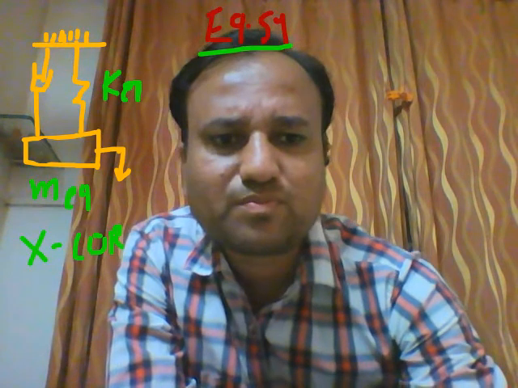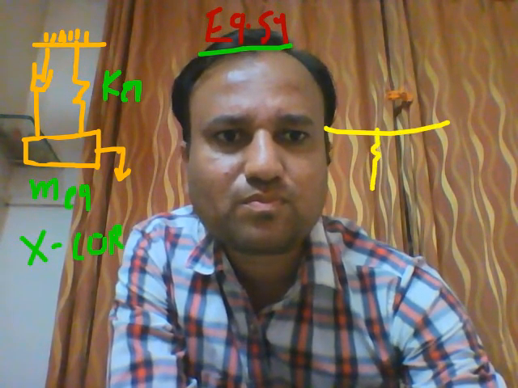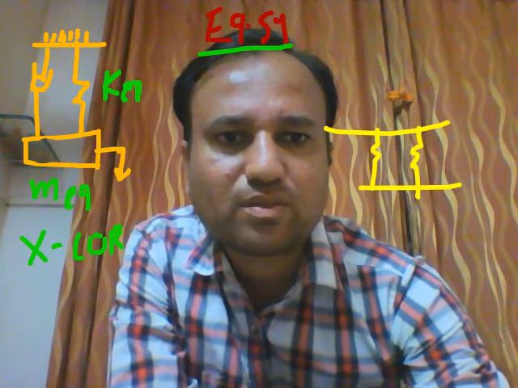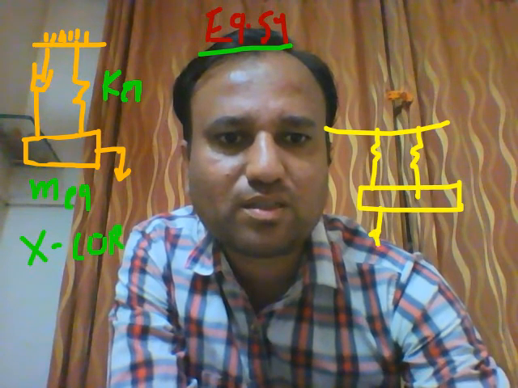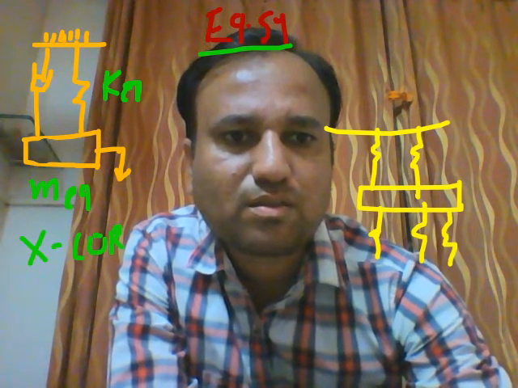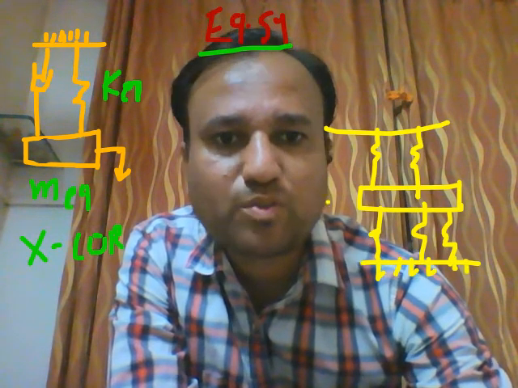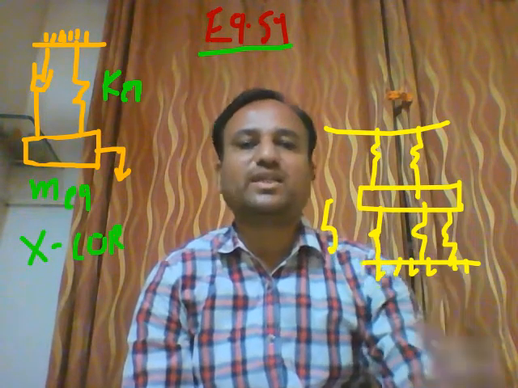Suppose, student, in a system there is more than one spring at the same mass, say 5 springs with stiffness K1, K2, K3, K4, K5.